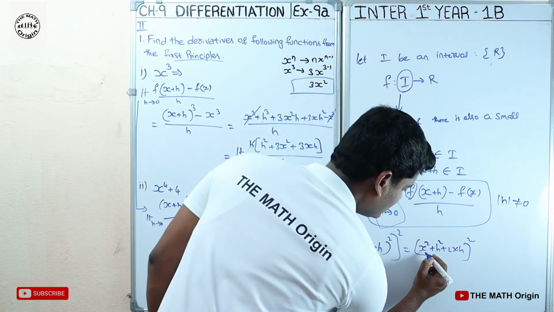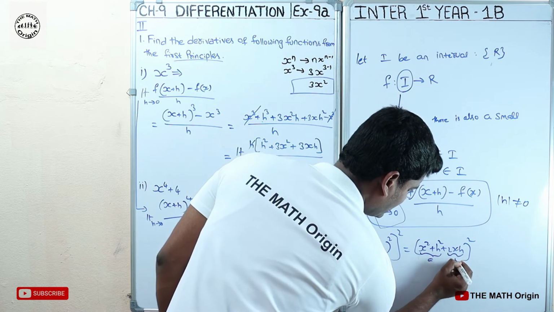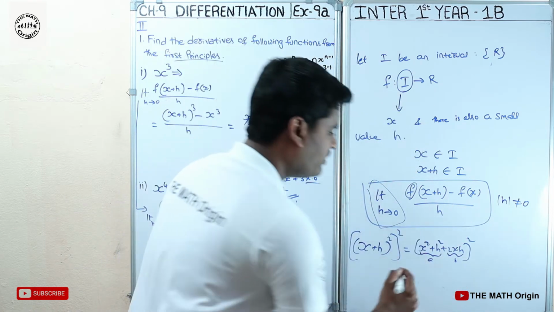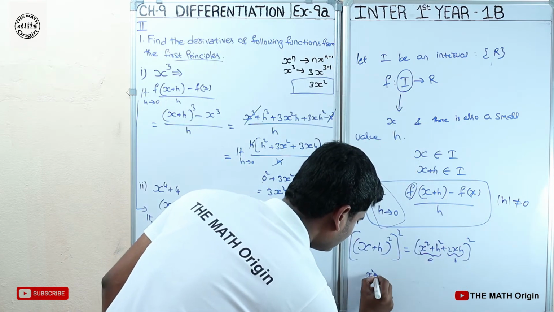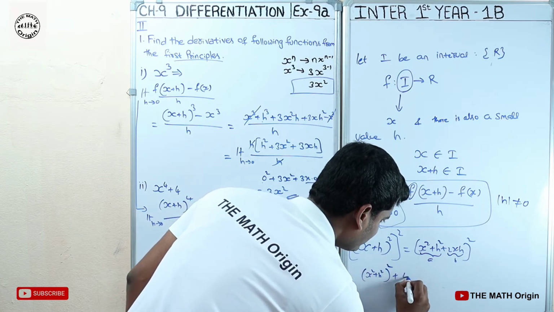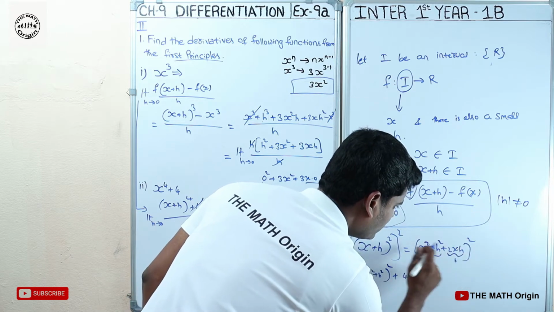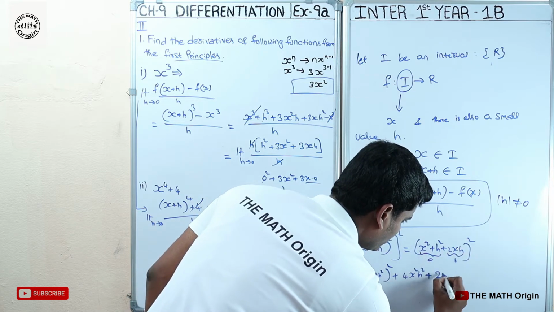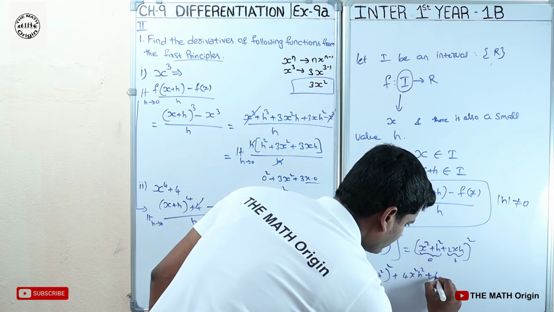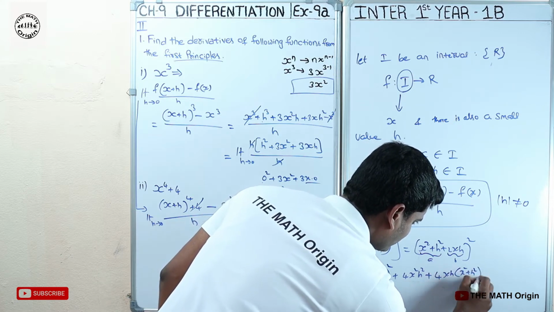Now let's take this as a and this as b, and do a plus b whole square, which is x square plus h square whole square, a square plus b square, which is x square plus h square whole square, plus 2ab, 2 into 2 into 2, which is 4xh into x square plus h square.